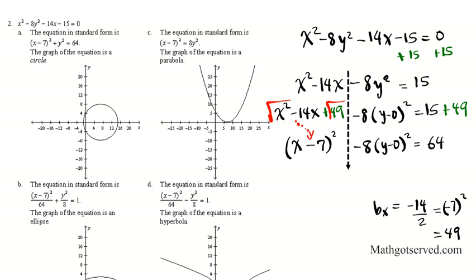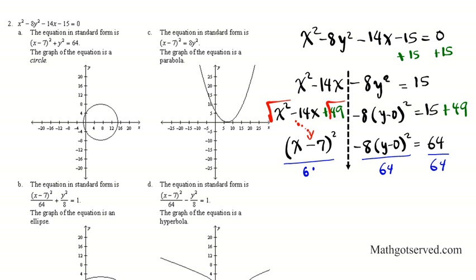All right. Okay, so what we're going to do next, to write this in standard form, we always like it to be equal to 1, right? So it's equal to 64 here. To make this equal to 1, I need to divide every single term by 64. So divide that by 64, divide this by 64, and divide that by 64.